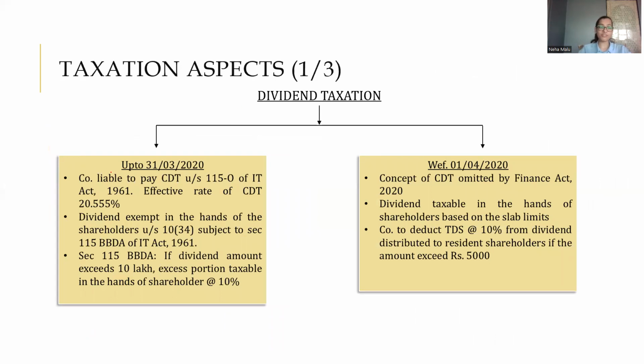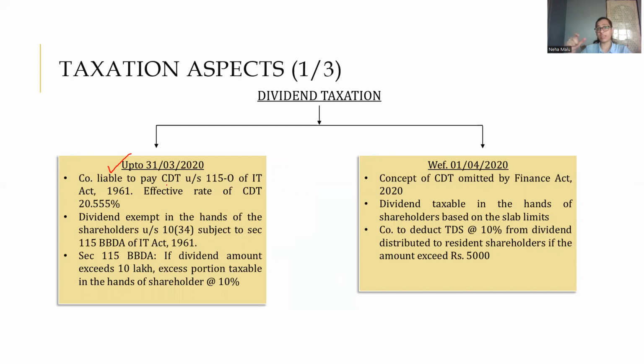Up to 31st March 2020, there was the concept of CDT under Section 115O of the Income Tax Act, pursuant to which whenever the company declared dividend, it had to pay a corporate dividend tax of 20.555%, which comes from grossing up 15% and adding surcharge and cess to that.